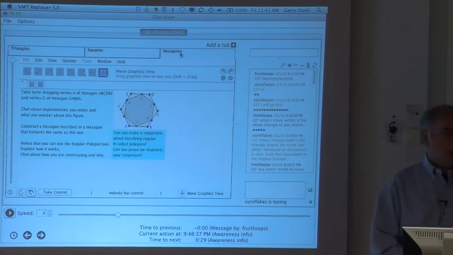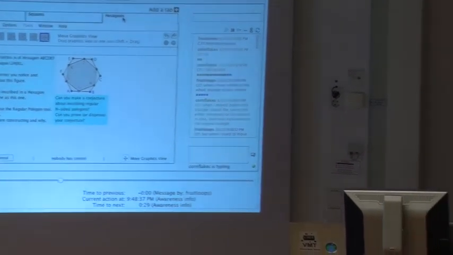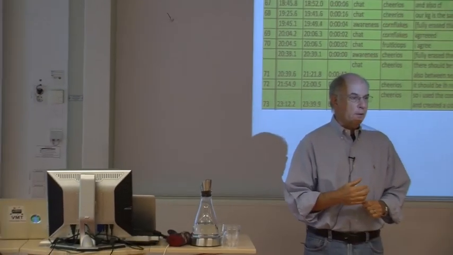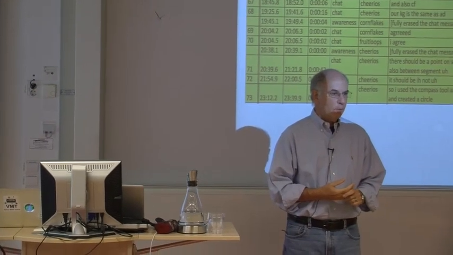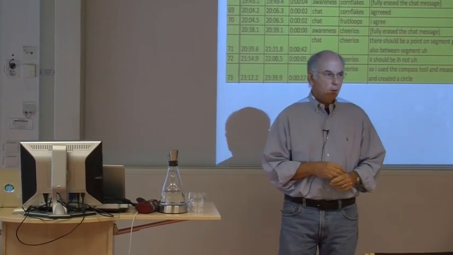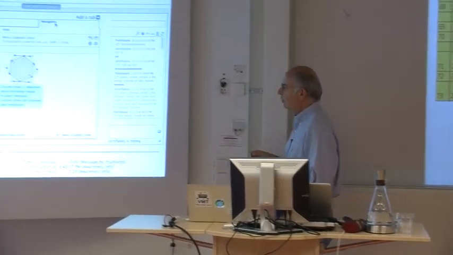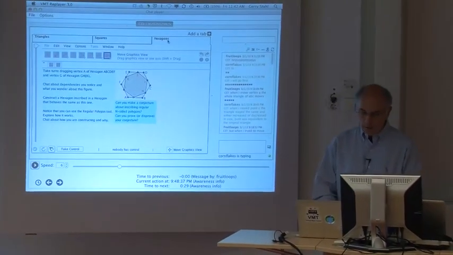I wanted to see how they would do in these problems, having solved the inscribed triangle problem. So the teacher had this group of 3 girls present to the class face-to-face how they solved the triangle problem. And then the teacher assigned another hour for all the groups to go on with the lesson. The other groups were then able to do the triangle problem, and this group, Cheerios and Fruit Loops and Cornflakes, went on to the squares problem.